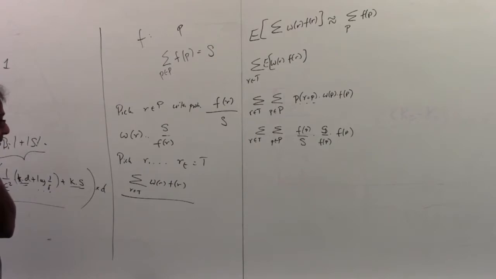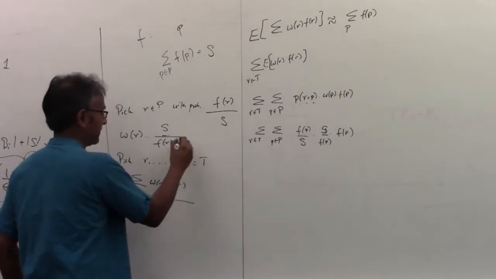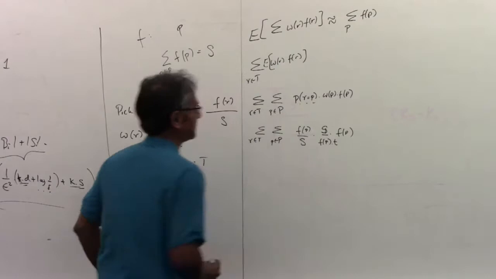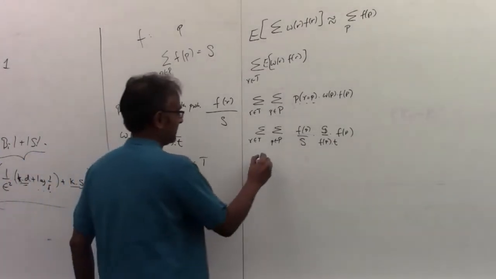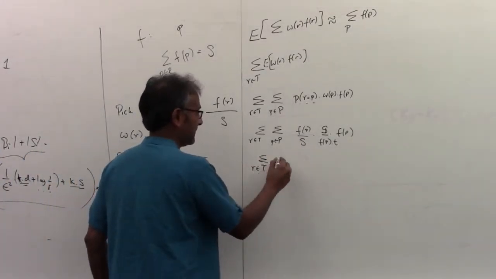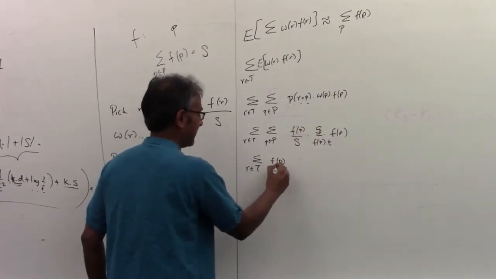I think I need another term here. Yeah, I need another term. So it's going to be t here. So this is going to be the sum of r belonging to t. Cancel, cancel. It's going to be f(p) by t.